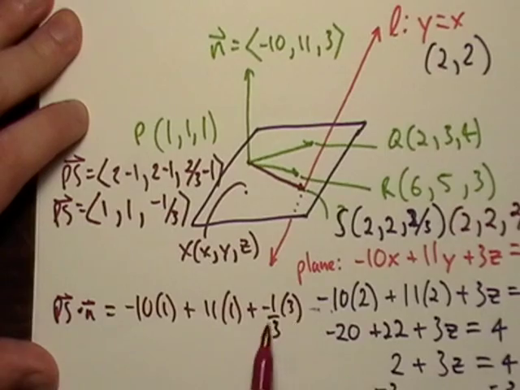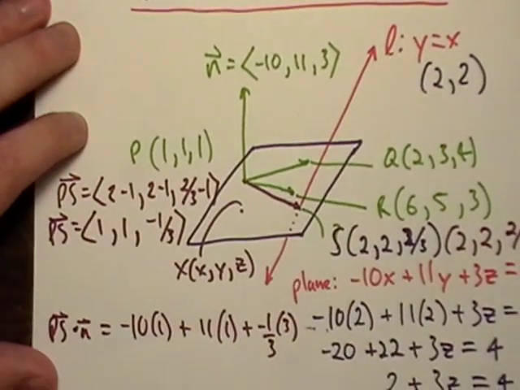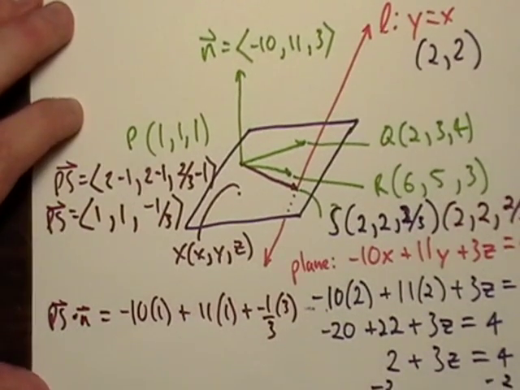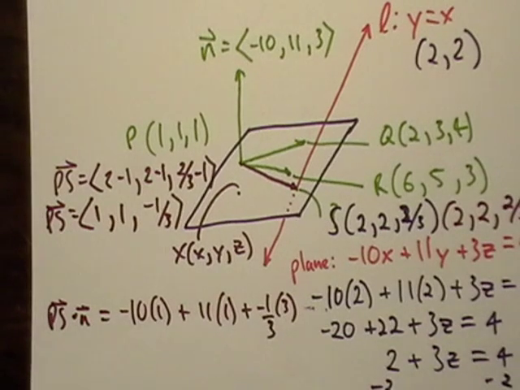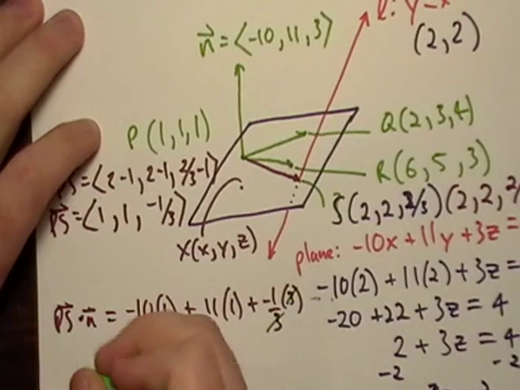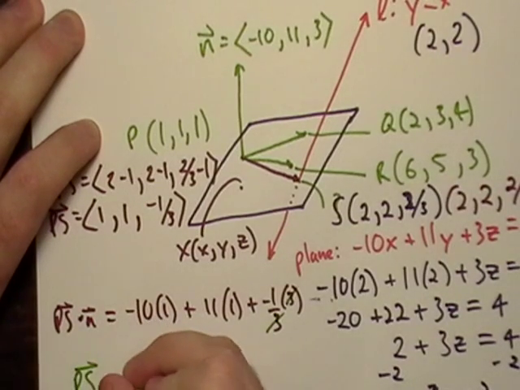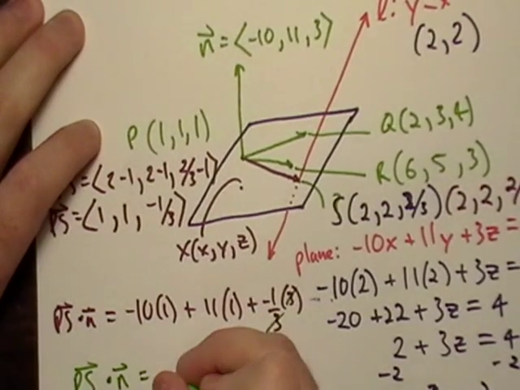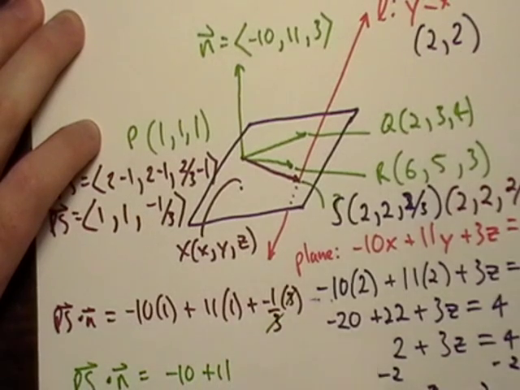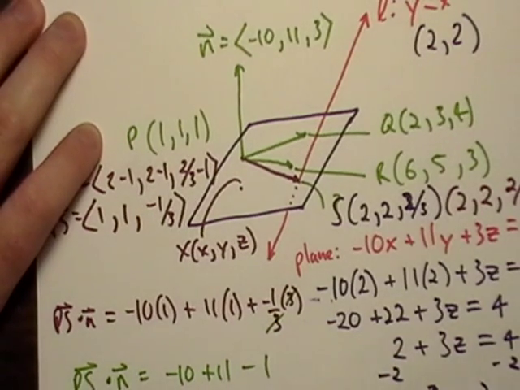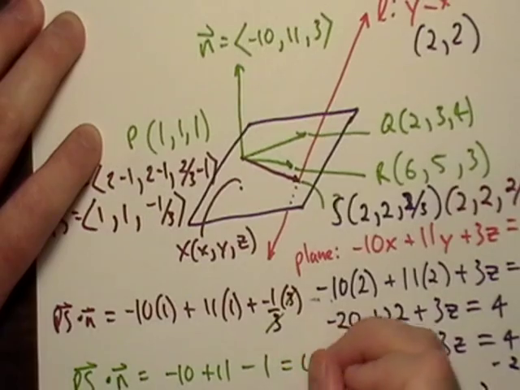I did this last one out of order, but it doesn't matter with multiplication. The 3's cancel out, so I get negative 10 plus 11 minus 1, which is certainly 0.